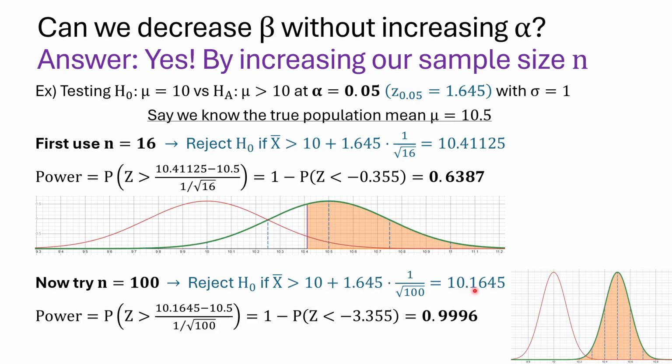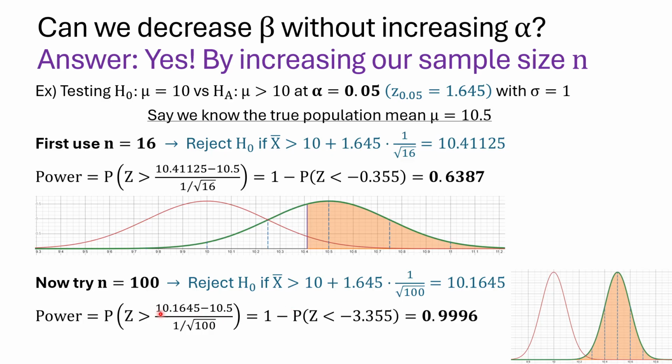It's 10.1645. And so looking at this picture here, we see almost all the values that we will actually get are outside of this acceptable range. We're in the rejection region for almost all of the sample means we'll get. So we can compute the power explicitly.